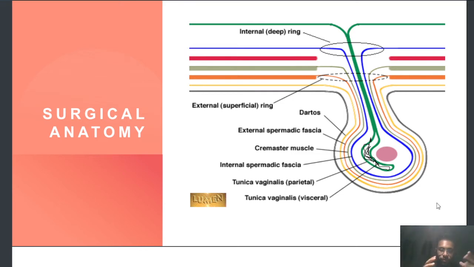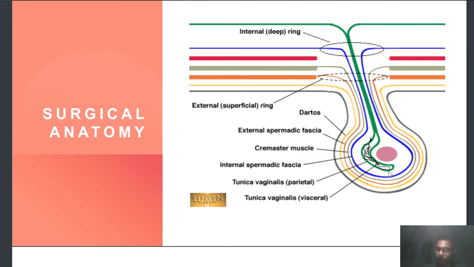Okay, so now what basically happens? Your mind might be curious: why is there a peritoneal fold in the testis and the scrotum? Why can't we just have a single layer? Why can't we just start with the internal spermatic fascia? How does the peritoneum come inside the scrotal sac, from the entire abdominal cavity down into your scrotal sac?